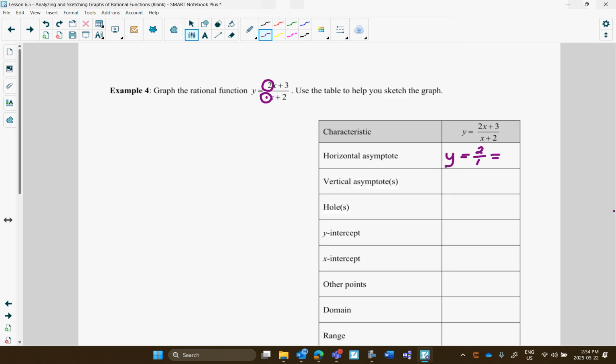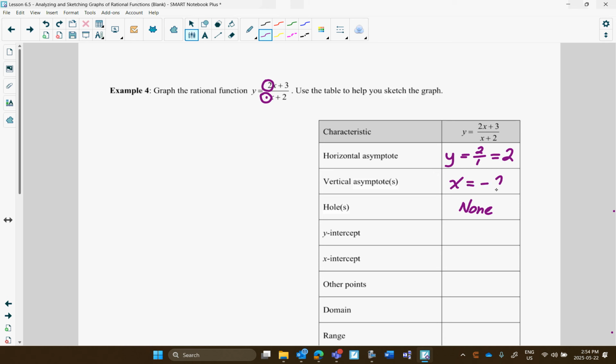So y equals 2. Well, first of all, there's no canceling, right? So therefore, there are no holes. Vertical asymptote is where? x equals -2.